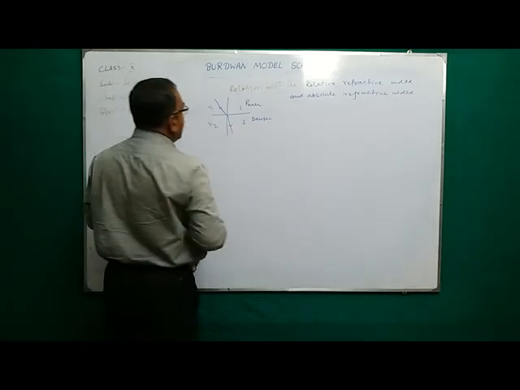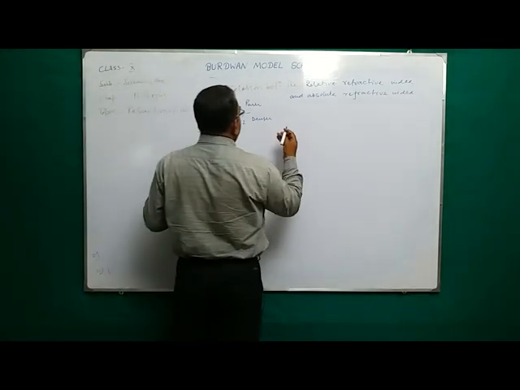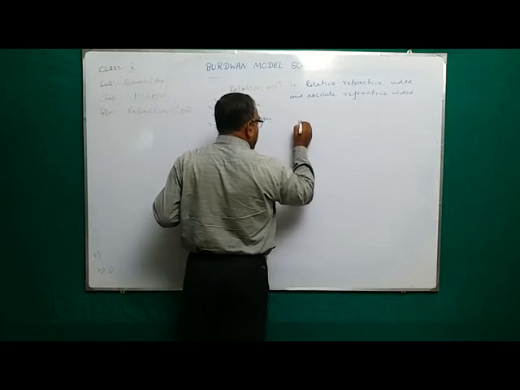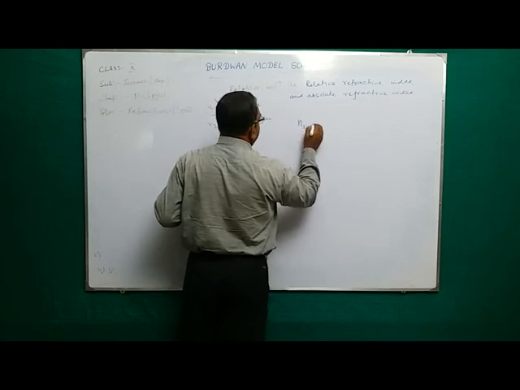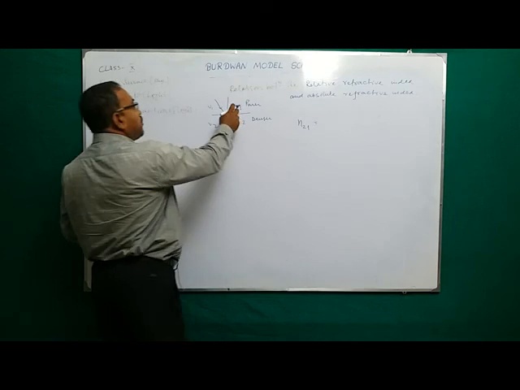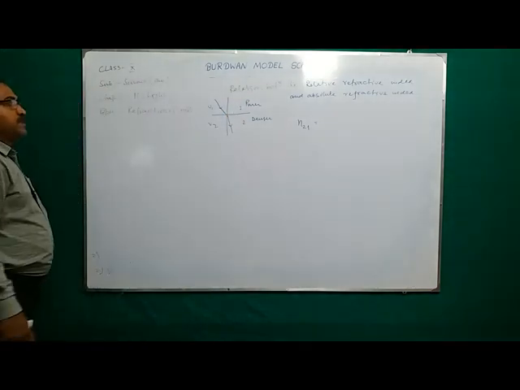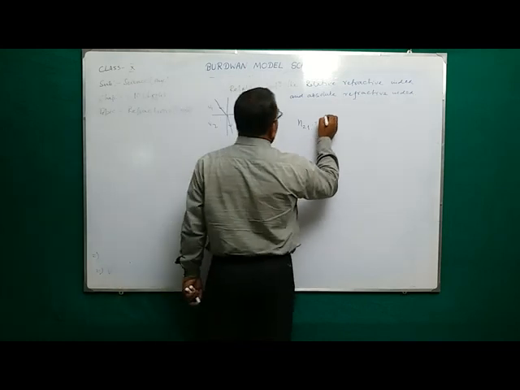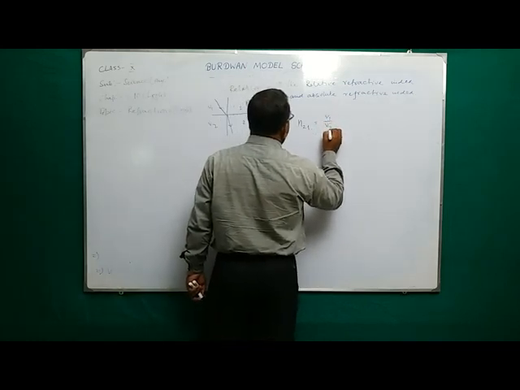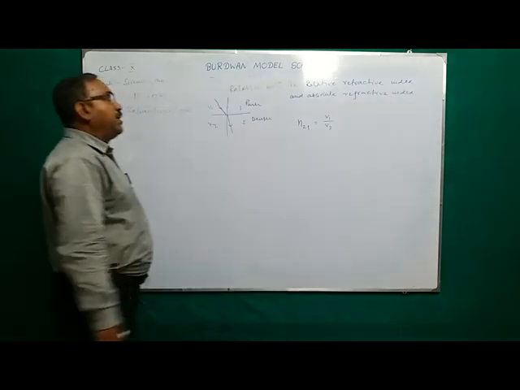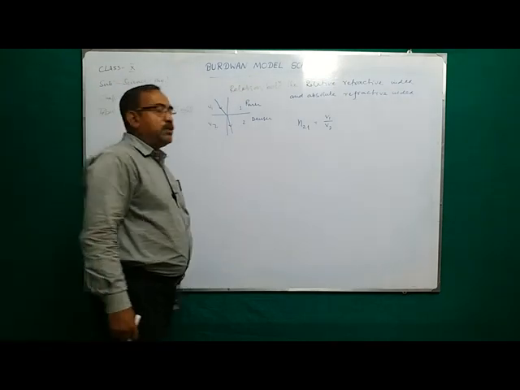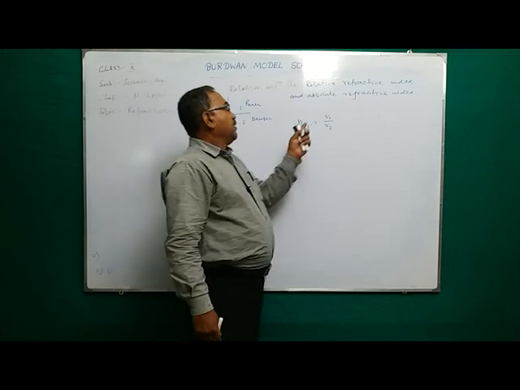So, what is the relative refractive index? Relative refractive index of second medium with respect to the first medium. Then we can write it sin i by sin r, or with respect to their velocities, v1 by v2. Am I clear? v1 by v2.